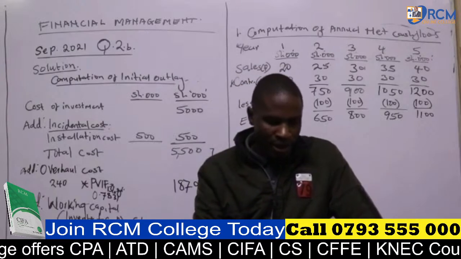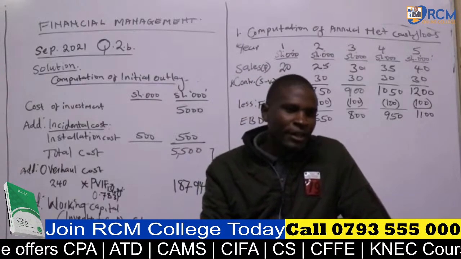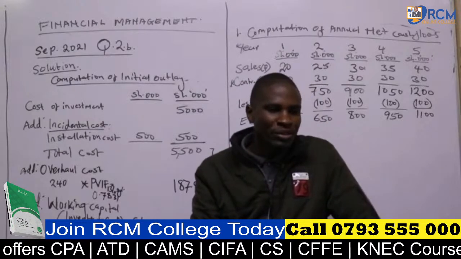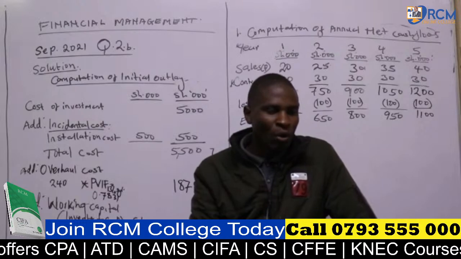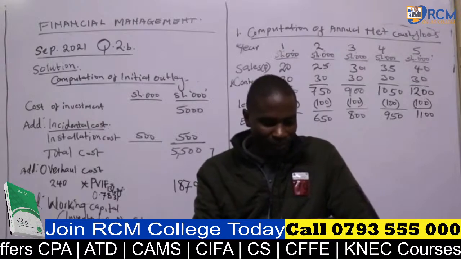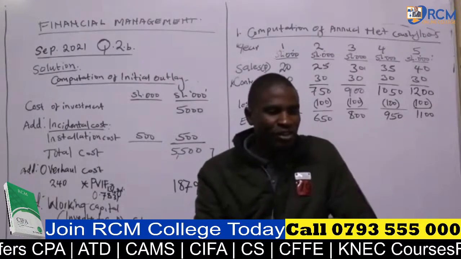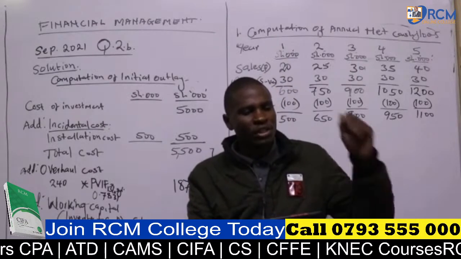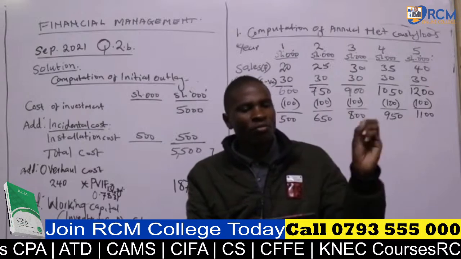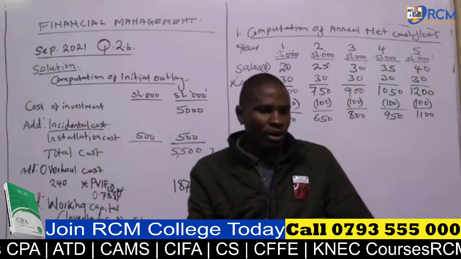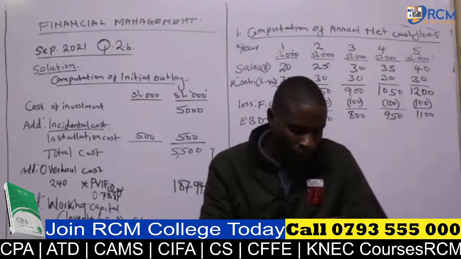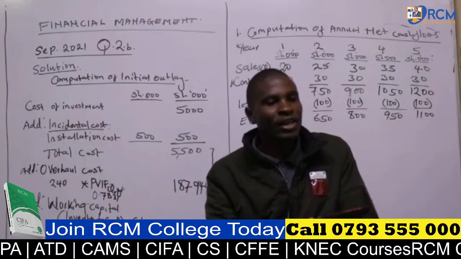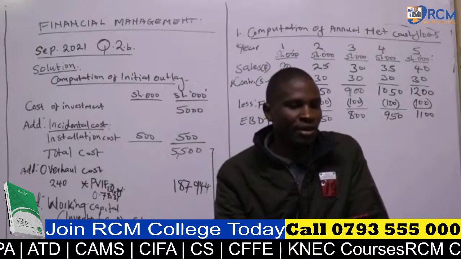So depreciation, we are going to compute it from the total cost, without taking into consideration the overhaul and the working capital. What was our total cost before overhaul came in, before working capital came in? What was the total cost?